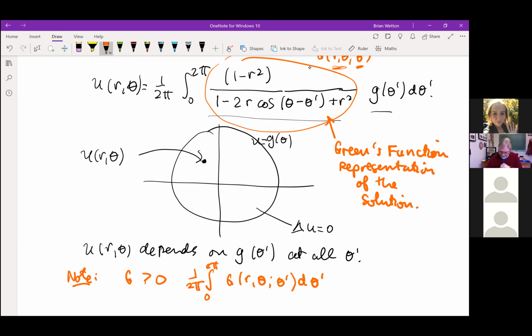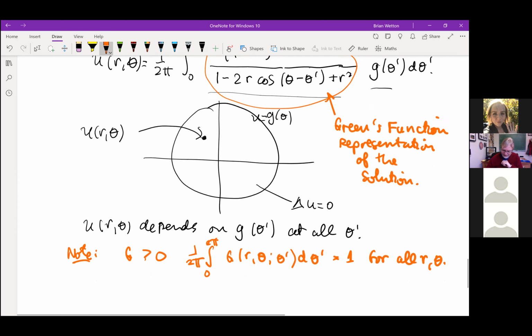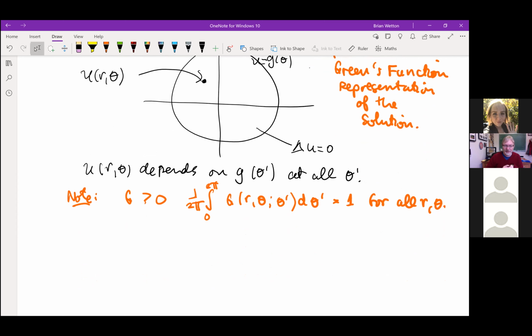Yes, this is the one I want. So this is equal to 1 for all r and theta. And that's not obvious, by the way. There's some work to do to figure that out.